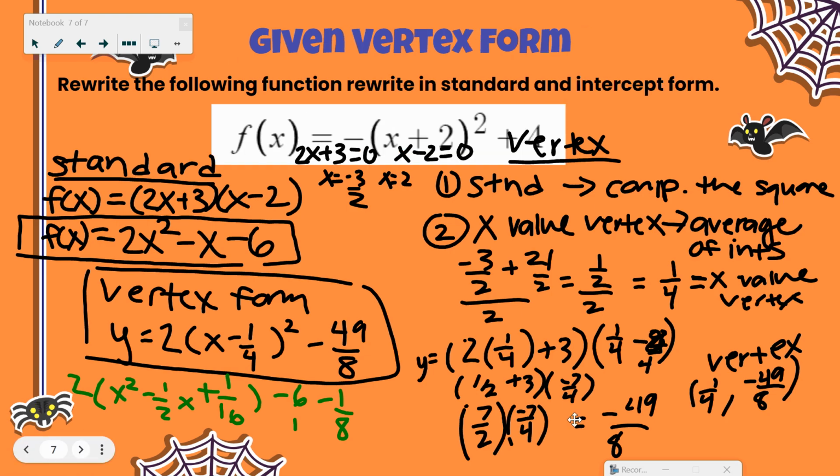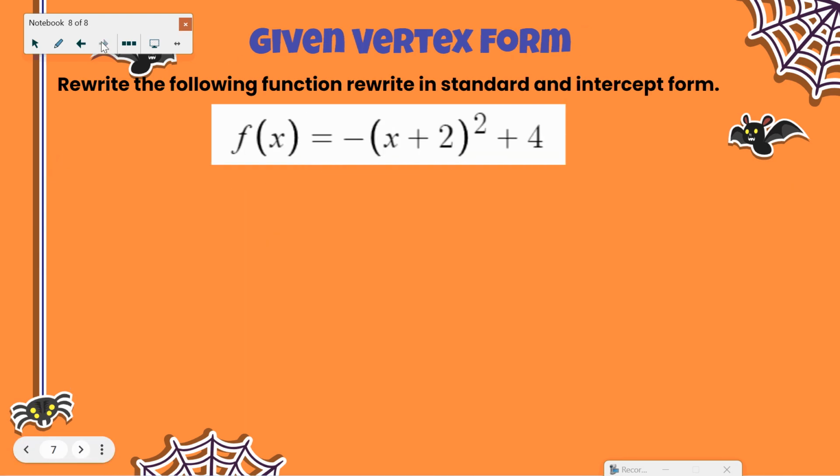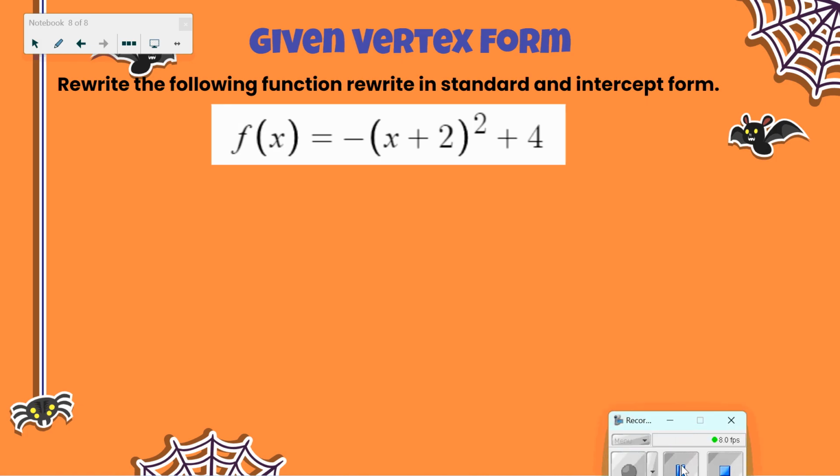All right, let's see our next scenario. So why don't you take a minute, jot it down, and notice what form we're given, and then make a prediction on how you might get into standard form. All right, everybody, what form are we given here?